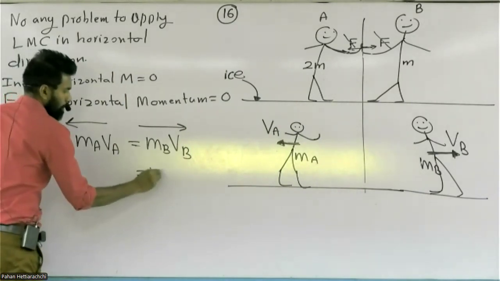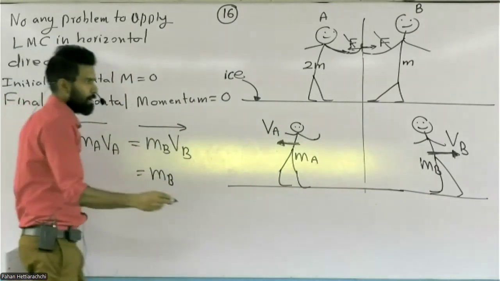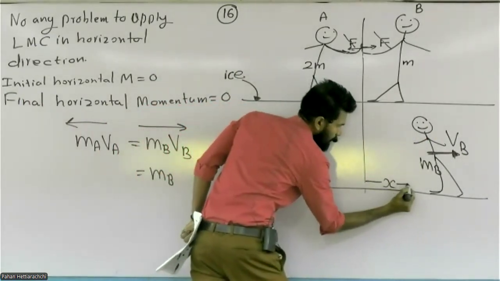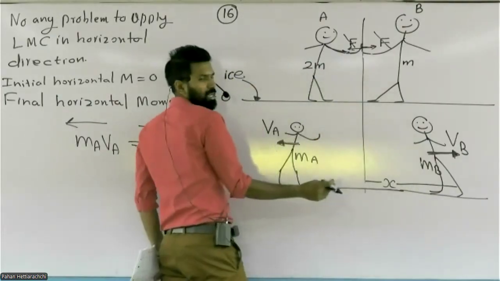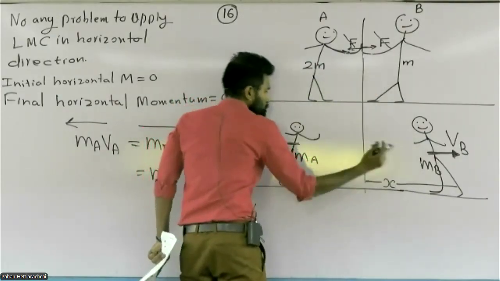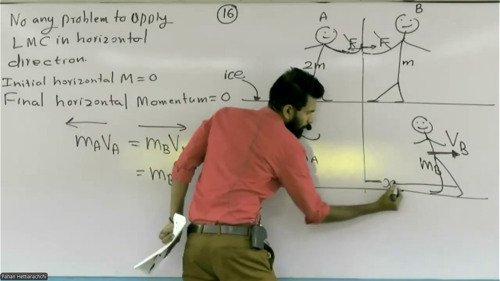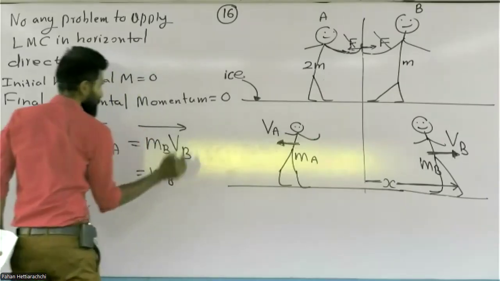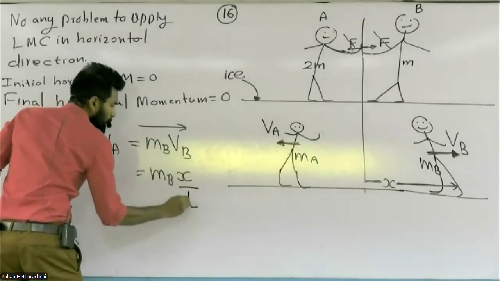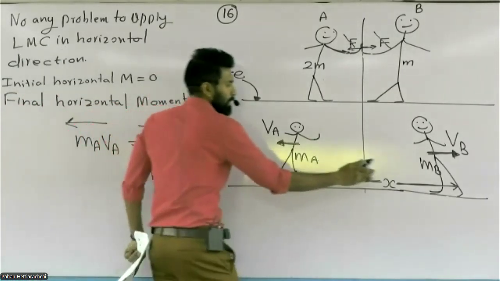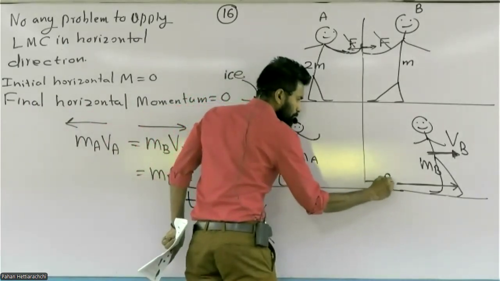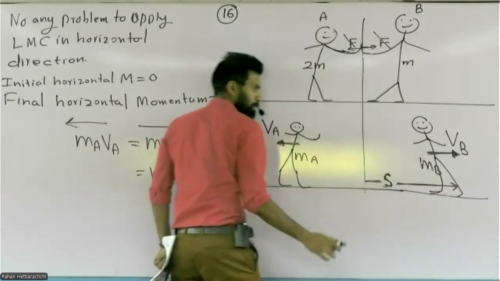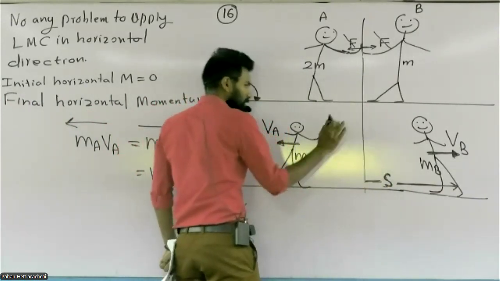Let's say child B has moved a distance x from the initial position. I'll take the regular symbol that we use here. Not x, it's s.